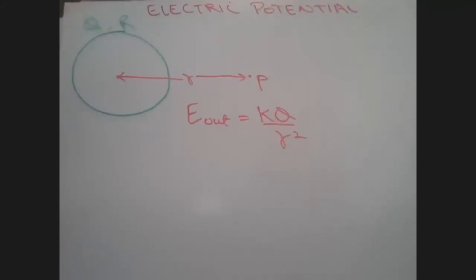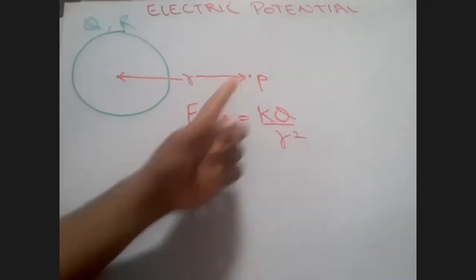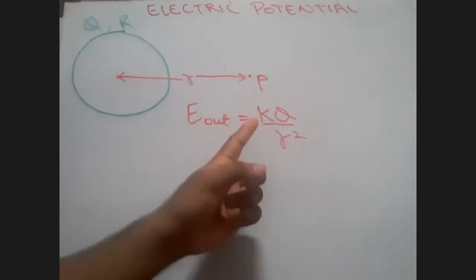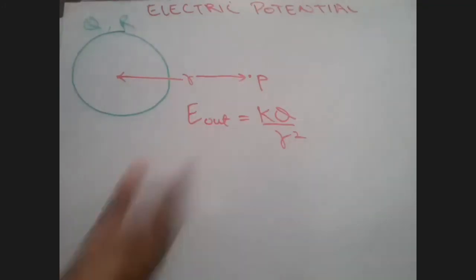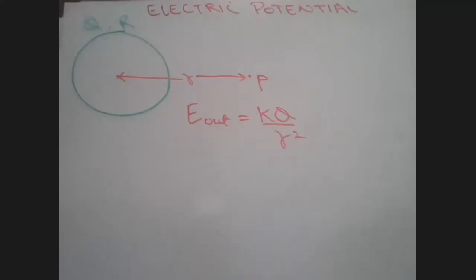If you don't remember, please go through the notes. So E out is equal to KQ by R square. The electric field intensity at a point P outside the solid sphere is equal to KQ by R square. Now, of course, don't by heart this. If you keep deriving it, it will automatically come in your mind.